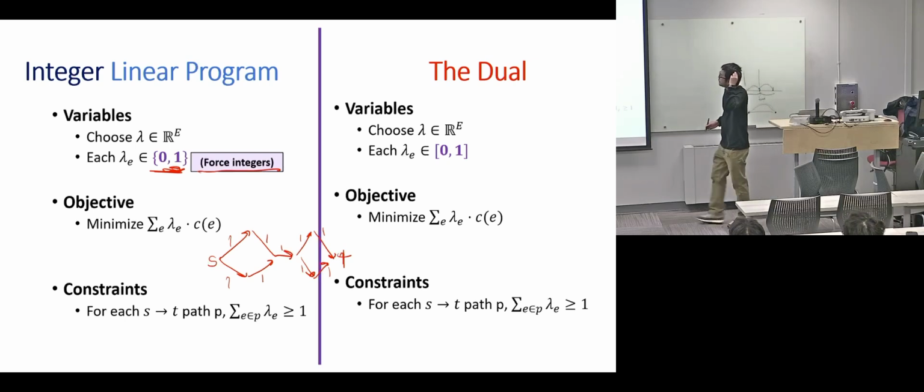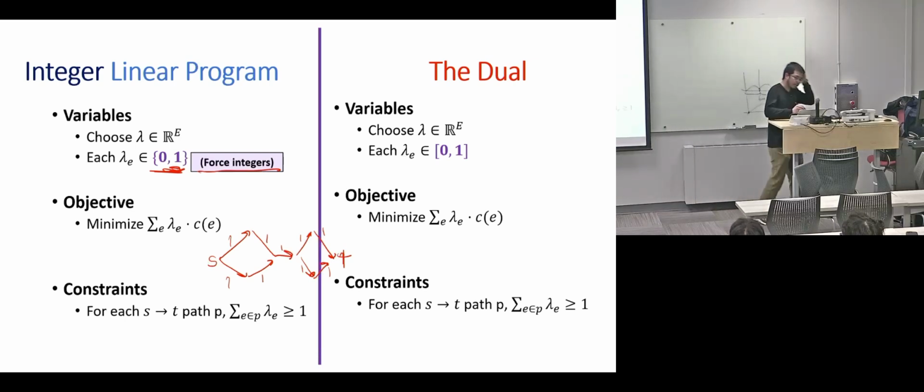What would be the best solution of lambda? Yeah, the middle one, right? Because even if I add this edge here, the solution is still the middle one.